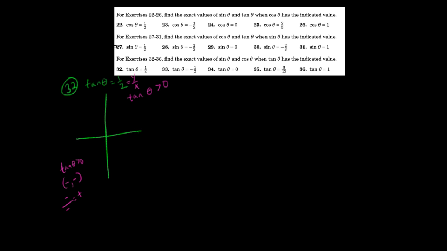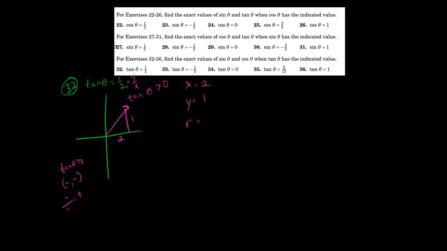So once again, we have two cases. Y over x tells me that x is equal to 2, y is equal to 1, and r would equal, well, just suppose a point's here. This is the terminal side. So I'm going over x units, so that's 2 units. I'm going up 1 unit.